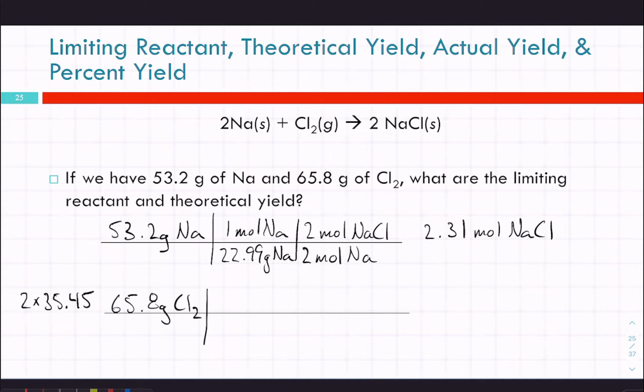So 2 times 35.45, this will be 70.90 grams of chlorine, Cl2, for 1 mole of Cl2.